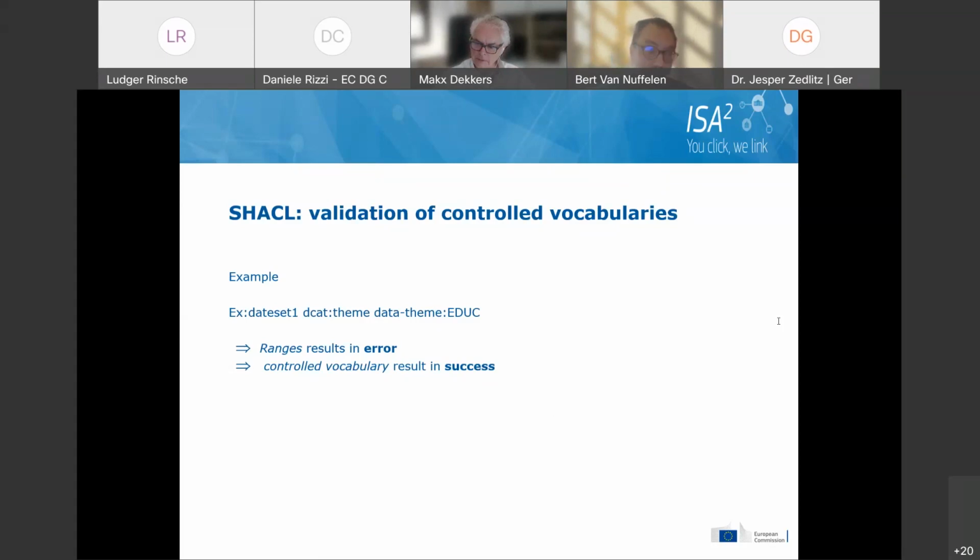Exactly, it's exactly the same. That's the reason why we put ranges in a separate file and say we usually assume that this is fulfilled, unless you want to do this check. You can include it. You have the rules, and your harvesting or whatever validation process can include them if they consider this to be valuable.